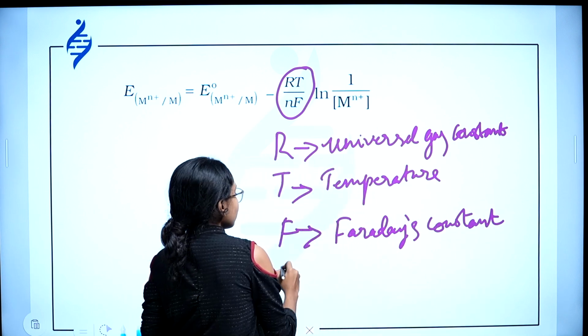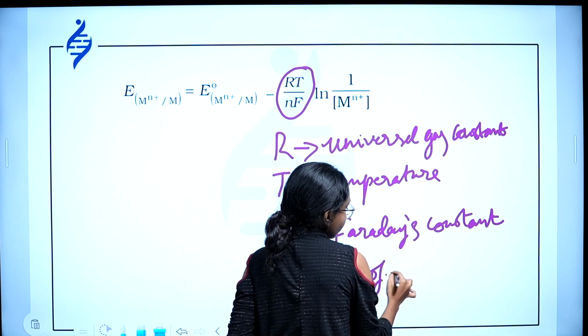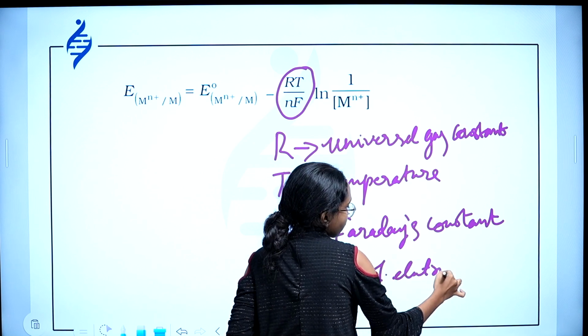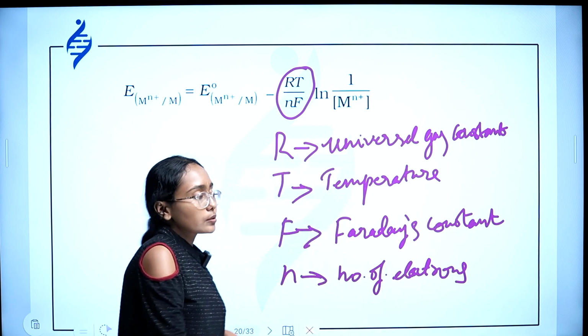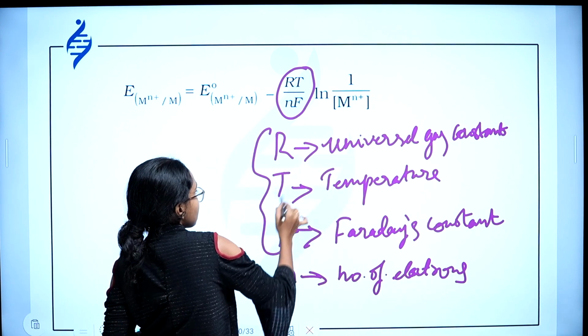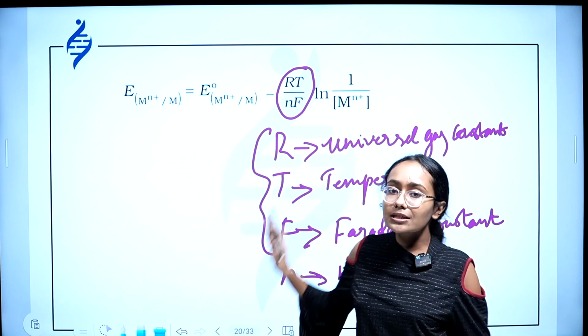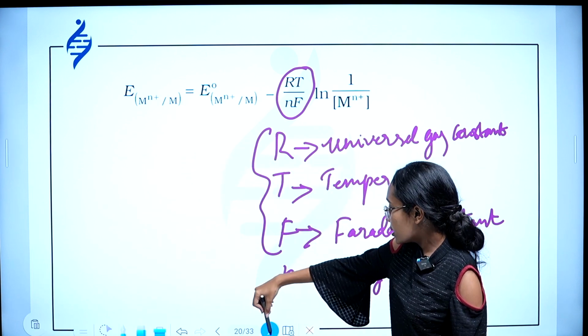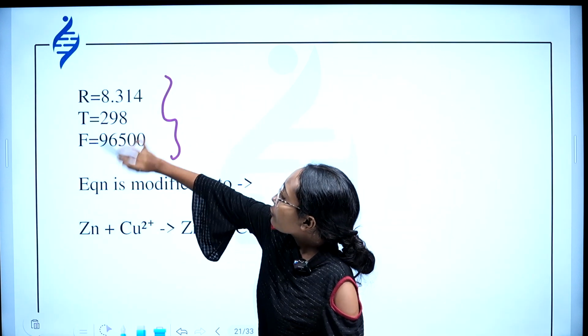And n is not a constant, it is the number of electrons. R, T and F, the universal gas constant, temperature and Faraday's constant, are constants.